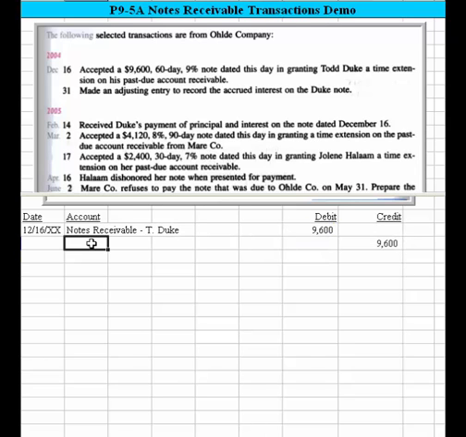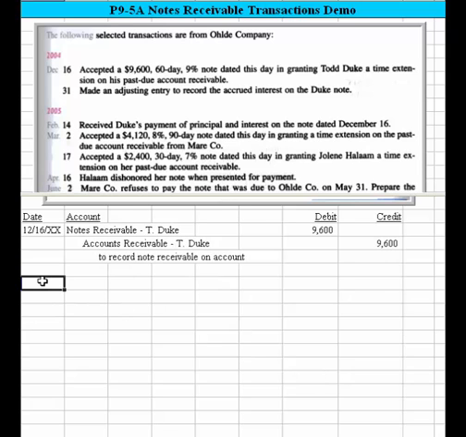The credit is going to go to accounts receivable because we're now taking it out of accounts receivable and moving it into notes receivable. So let's indent that, and then we need to give this transaction a description, and it would be to record notes receivable on account. We'll indent that so that's also in proper format.